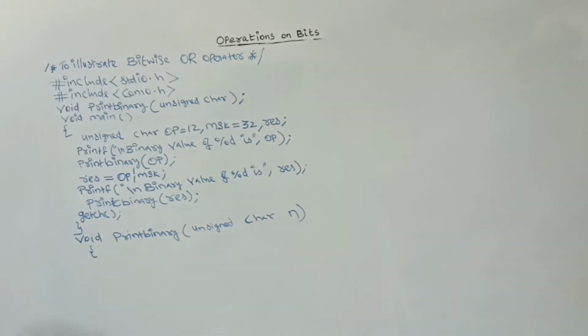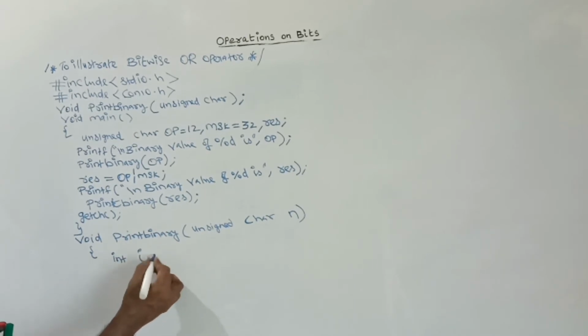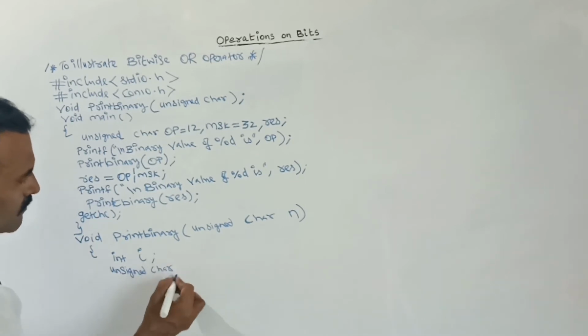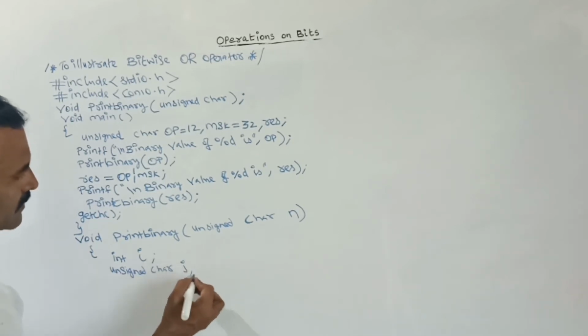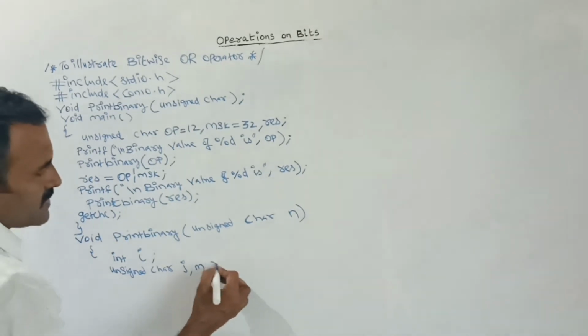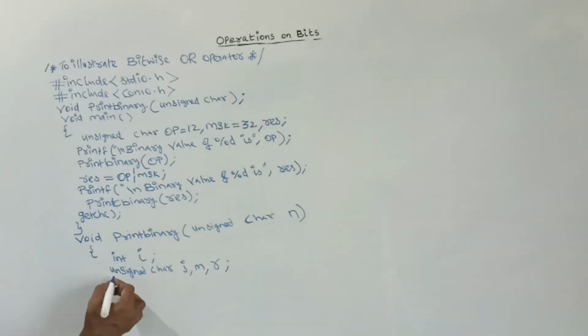So open brace. Next I am declaring one integer variable i. Next j, m for mask m, and r for result. Next I am using one for loop.